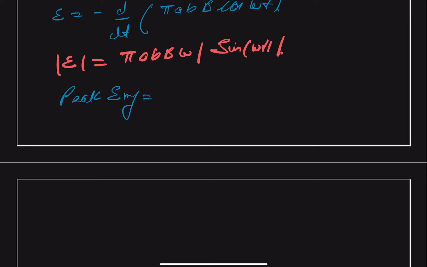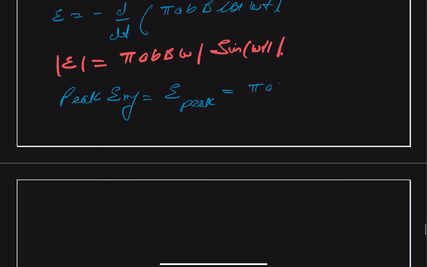Peak EMF, let us call that E peak, will be equal to, when sine of omega t is equal to 1, pi a b B omega, under the condition that sine of omega t is equal to 1.